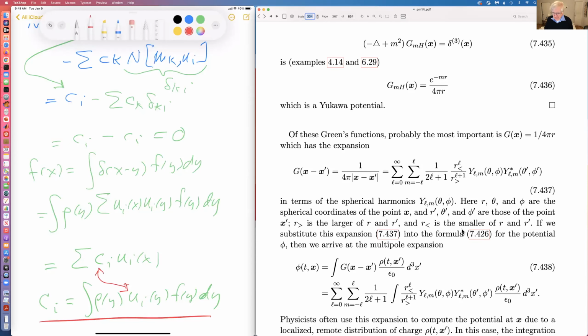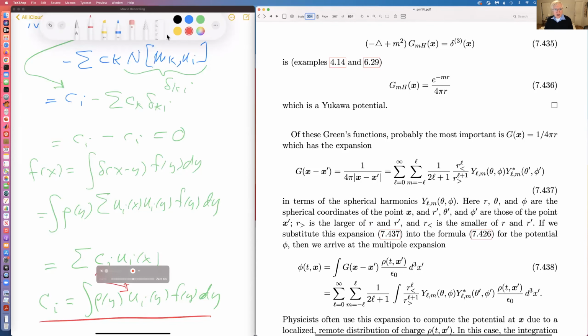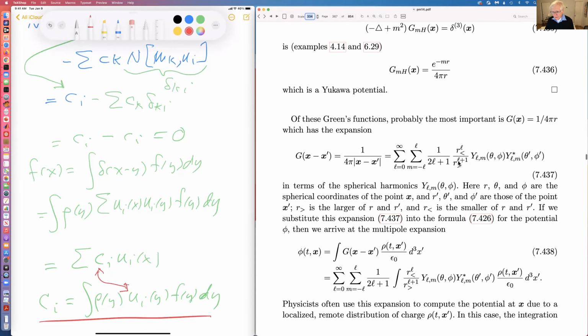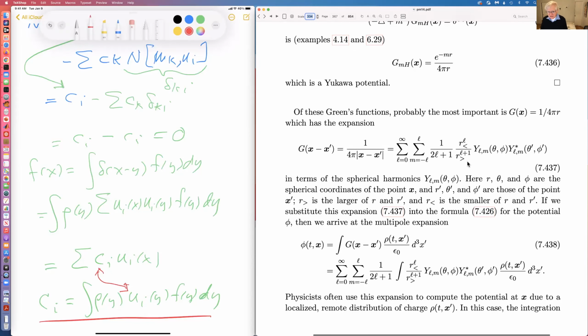You remember that the Coulomb Green's function, 1 over 4 pi r, has this lovely expansion in terms of spherical harmonics, which we'll get to in a couple of weeks. Spherical harmonics and the ratio of r lesser to the L power divided by r greater to the L plus 1.